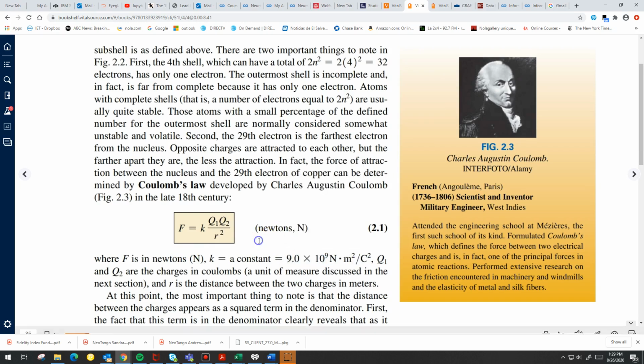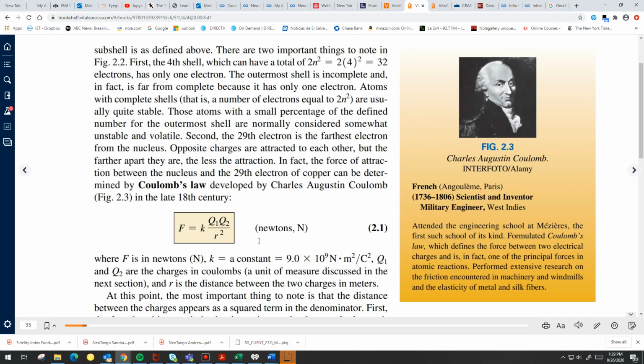And by the way, as we go into future chapters, we're not going to be looking at electronics at this level. We're not going to be looking at charges per se, how individual charges attract or repel each other.